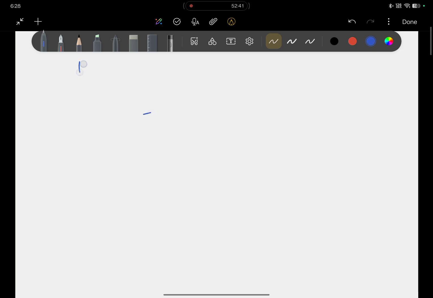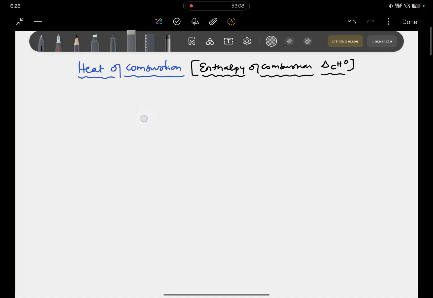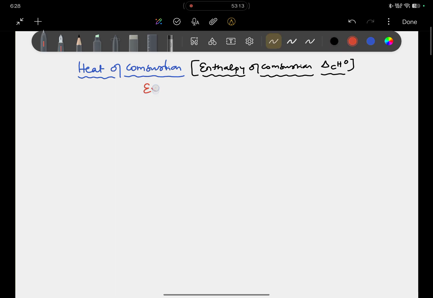Next enthalpy is heat of combustion. Heat of combustion or enthalpy of combustion, delta H C naught. Remember, enthalpy of combustion is something which will always be an exothermic reaction.